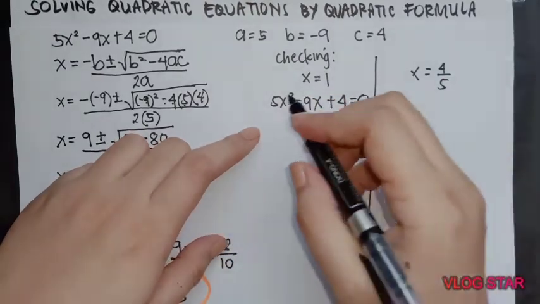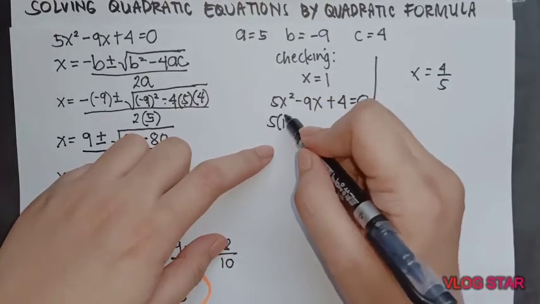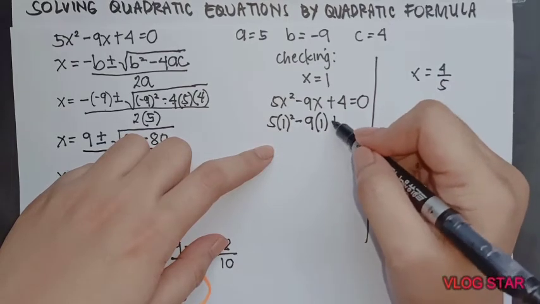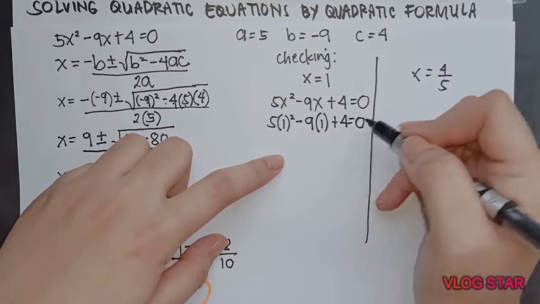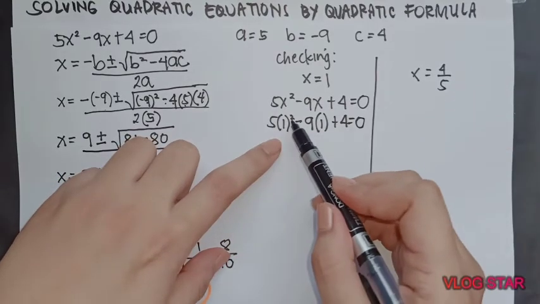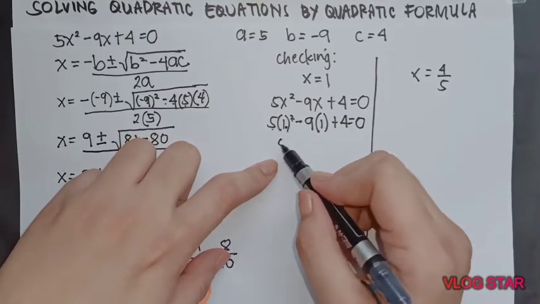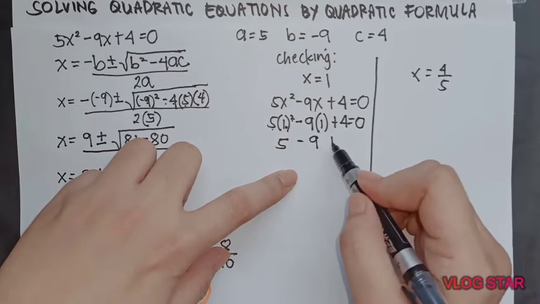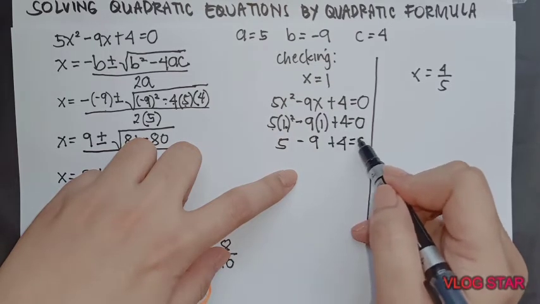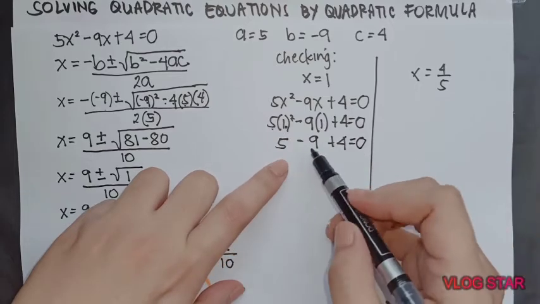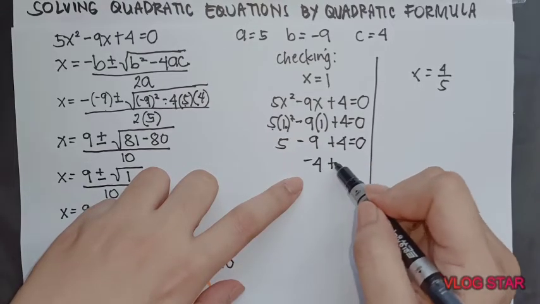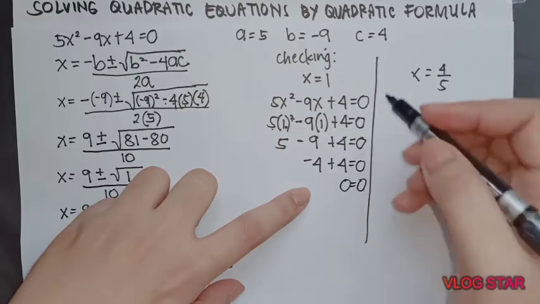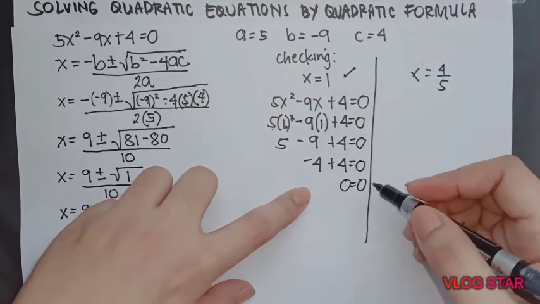Substitute 1 to x, so we're going to have 5 times 1 squared minus 9 times 1 plus 4 equals 0. So the square of 1 is 1 times 5, so it's 5. Negative 9 times 1 is negative 9. Copy plus 4. Is it equal to 0? 5 minus 9 is negative 4 plus 4. Is it equal to 0? Yes. Therefore, x equals 1 is correct.